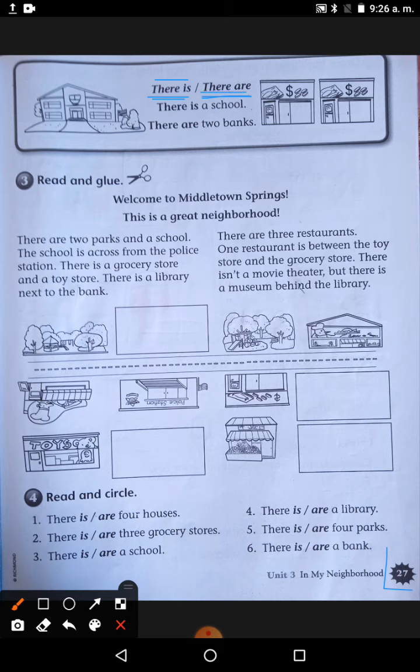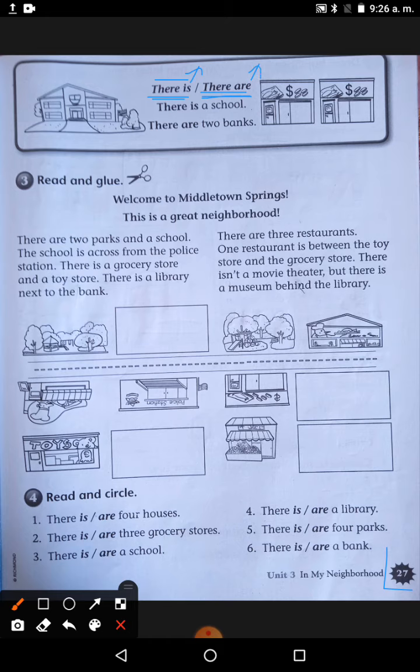There are, as you can see here, are the verb to be in present. You should know we use is for singular and are for plural.